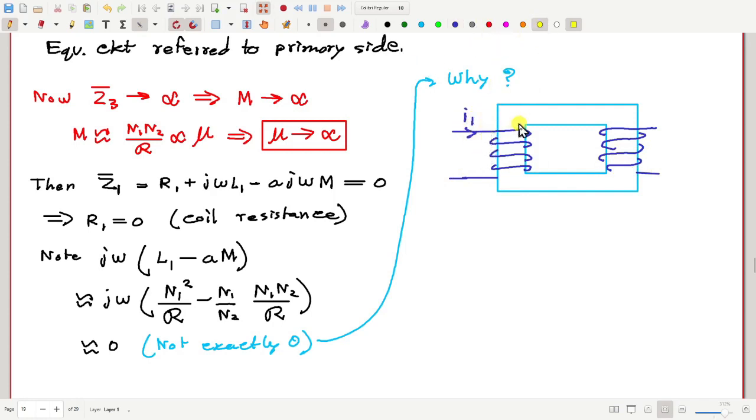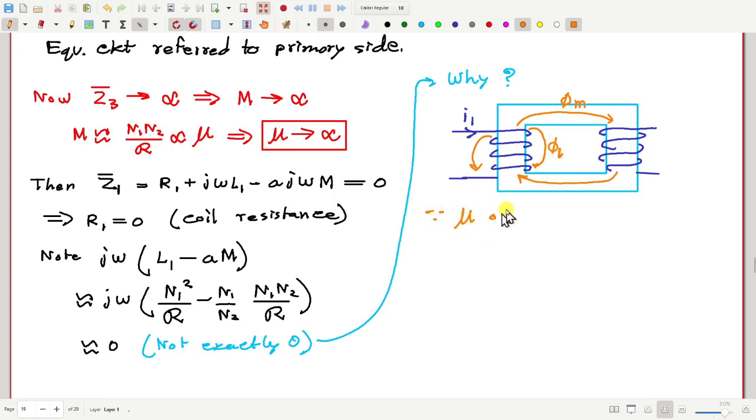This coil produces some flux which mostly passes through the core because the permeability of the core is very large, but there is also some flux which goes through the air or partially through the air like this. Let me call the flux which goes through the core phi m, and this flux which goes through the air is phi l.